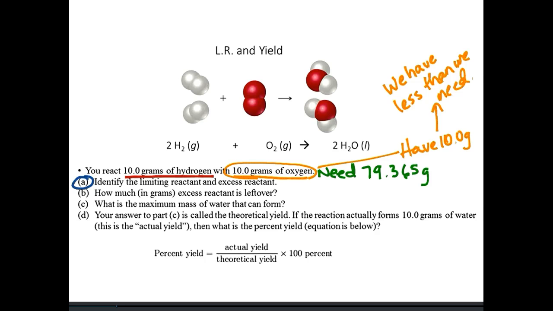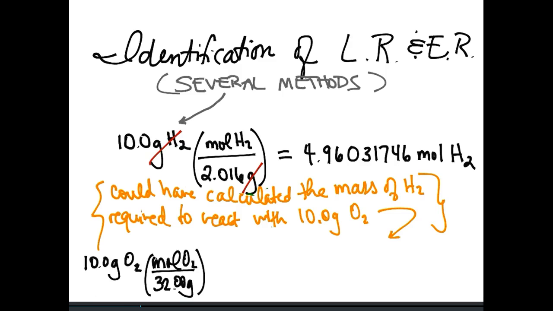So given 10 grams of hydrogen, we would need almost 80 grams of oxygen to exactly consume that hydrogen, but we only have 10 grams of oxygen. That means that oxygen in this problem is definitely the limiting reactant because we need more than we have. So those 3 dots mean therefore limiting reactant is oxygen, which means the excess reactant is hydrogen. So that's one way of figuring it out.